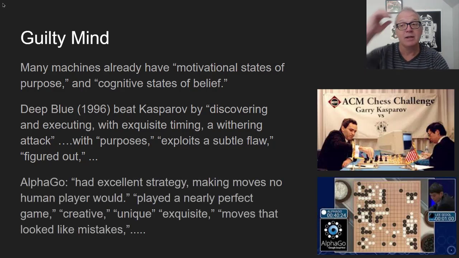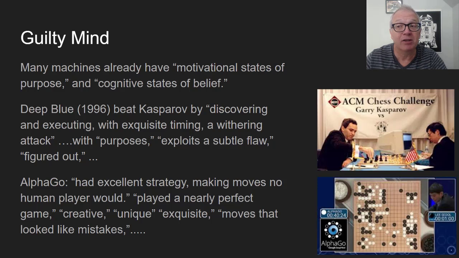And you'll also find a more modern example, much later after Dennett wrote this piece we just read: AlphaGo, of course, beat Lee Sedol at a much harder game, Go, just a few years ago. And people will say things like, I think this is from the Wikipedia page, that AlphaGo had excellent strategy, making moves no human player would, played a near-perfect game, is creative.